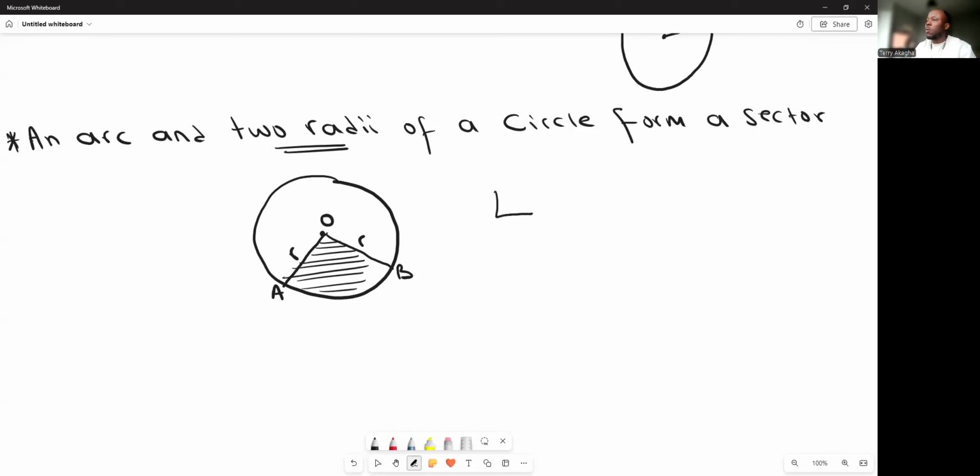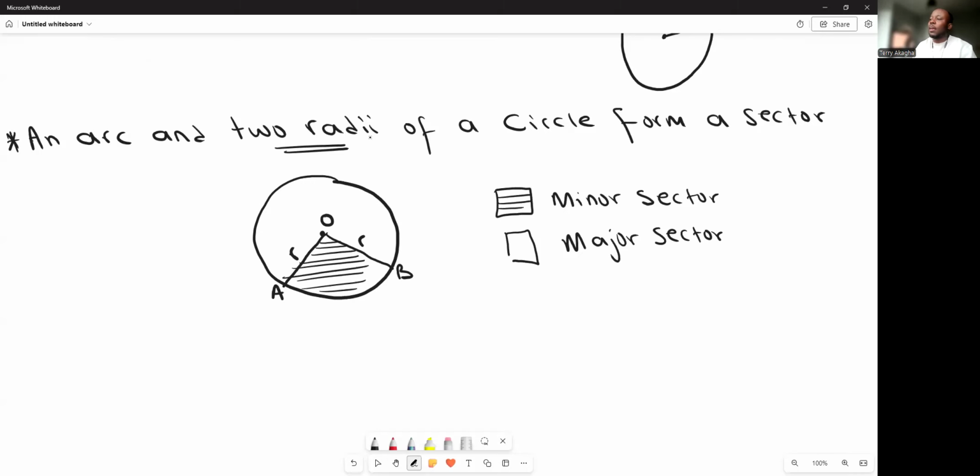The one I shaded like this is going to be the minor sector, and the one that is blank is the major sector. So the minor sector you can call OAB, and the major sector, OAB as well.